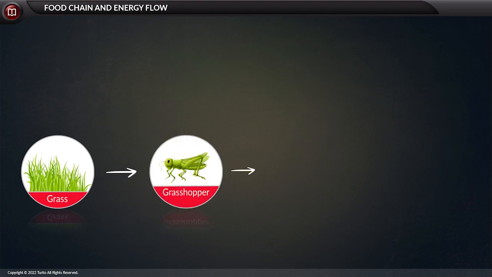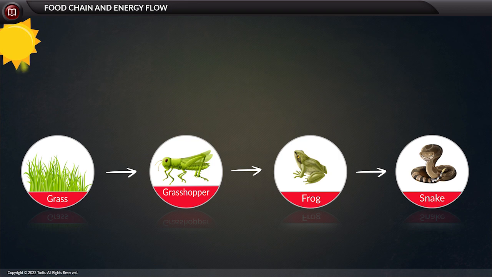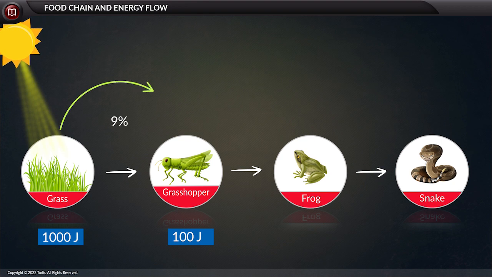Let us understand this with the help of a food chain. First and foremost, producers absorb light energy from the sun and store it in the form of chemical energy in them. If producers contain 1000 joules of energy in a food chain, then 10% of it, that is 100 joules, is passed to the primary consumer.